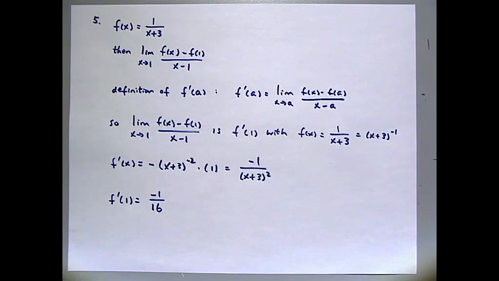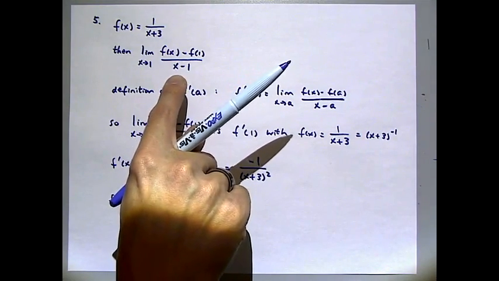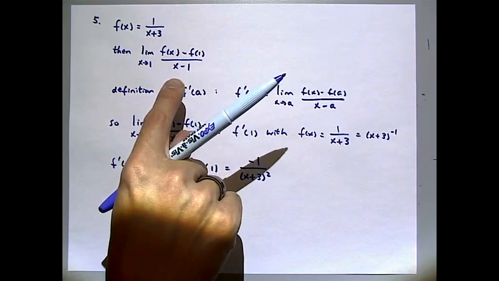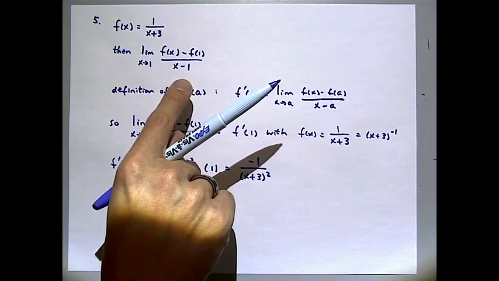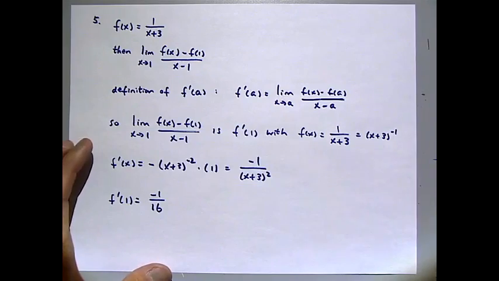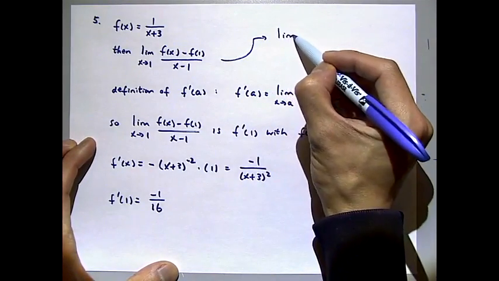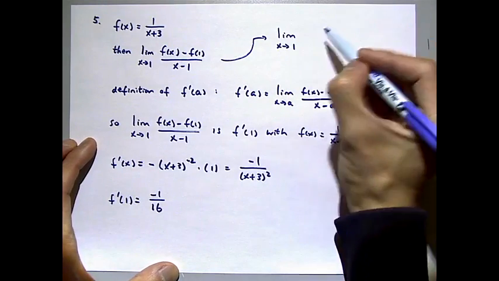The original function. This thing? What do you mean? I mean, the other way you could do this is to treat it like a regular limit problem.